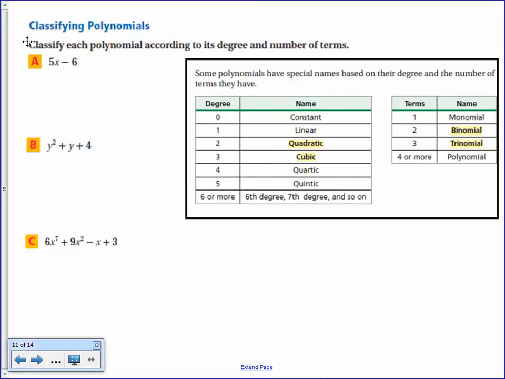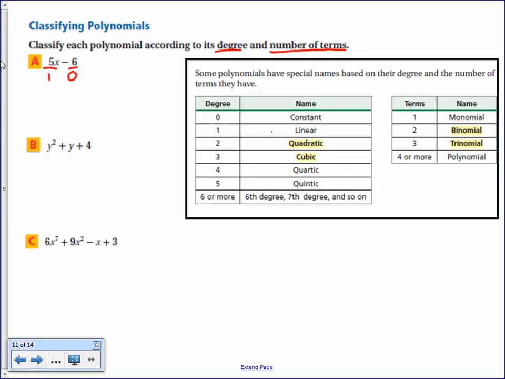All right, so let's just take a look at some examples and see how this works. So classifying these. So classify each polynomial according to its degree and its number of terms. So two things here. So letter A, 5x to the negative 6th. So by degree, what is the degree of this one? Well, this term has a degree of 1. This one has 0. So that one has a degree of 1.